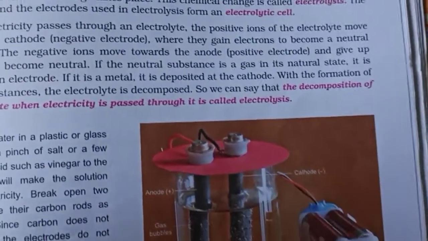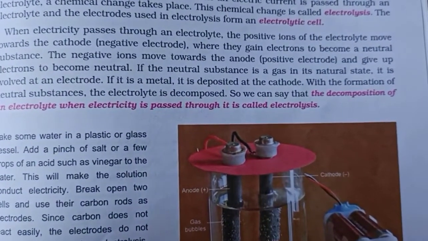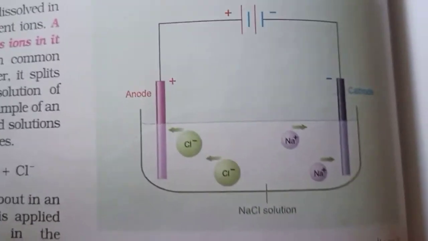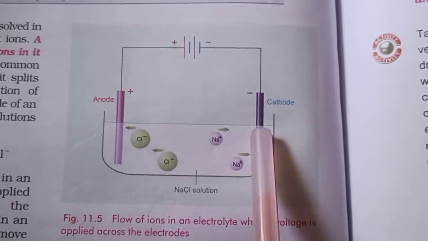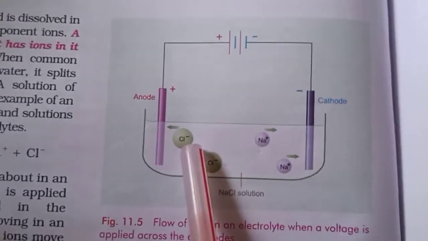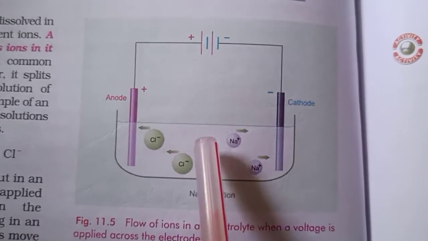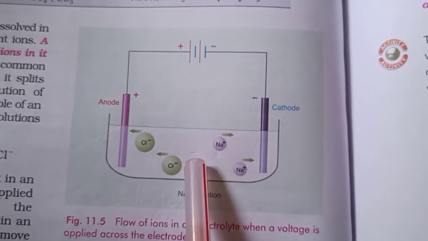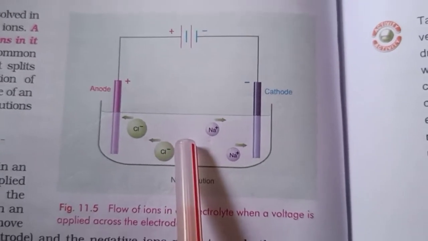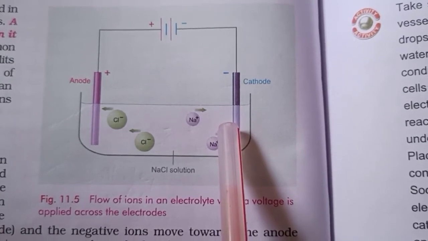At the same time, the negative ions move towards the anode. You can see in this diagram what we had seen in the last video. The positive ones move towards the cathode and the negative ones move towards the anode. When the splitting of the electrolyte takes place, both the charged ions move toward the oppositely charged electrodes.